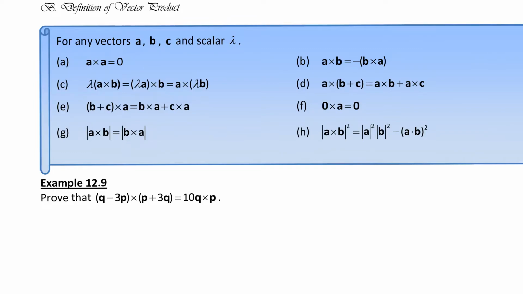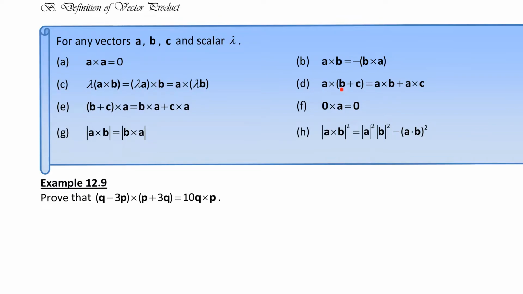That theta is the angle between these two vectors. If we change it to B cross A, we only have a negative sign. If we have a scalar lambda times A cross B, you can multiply the scalar either to the first vector or the second vector.